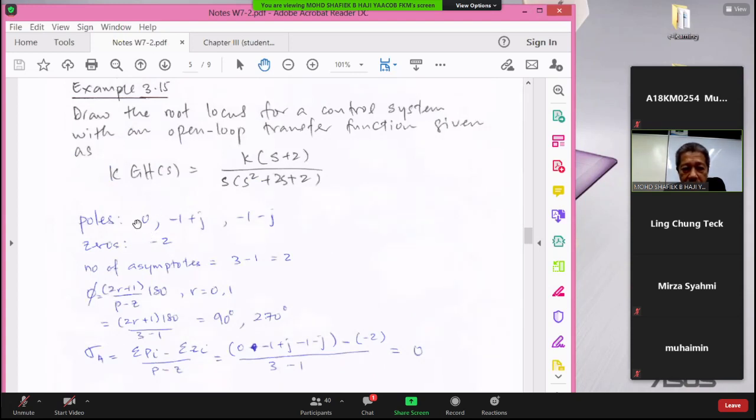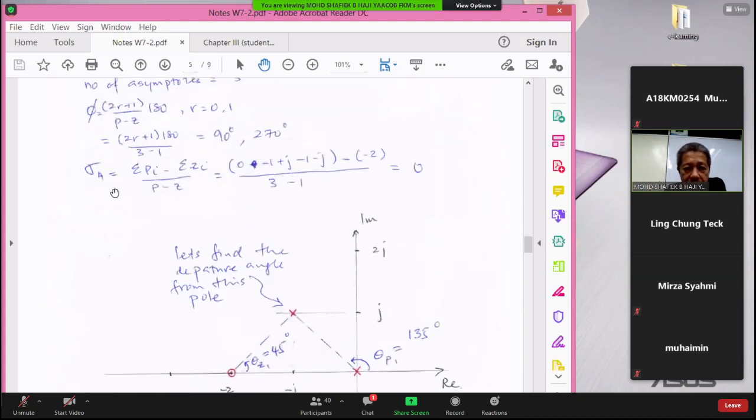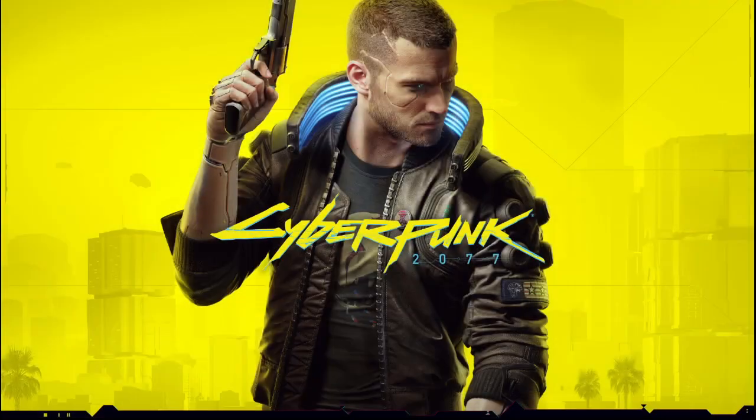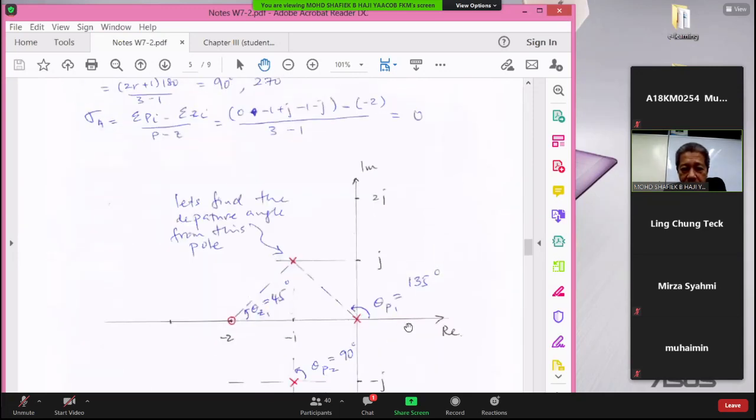So the first pole is also at the origin. And then our first asymptote line is at a 90-degree angle. 90 degrees is exactly the imaginary axis. So the imaginary axis is our first asymptote line.